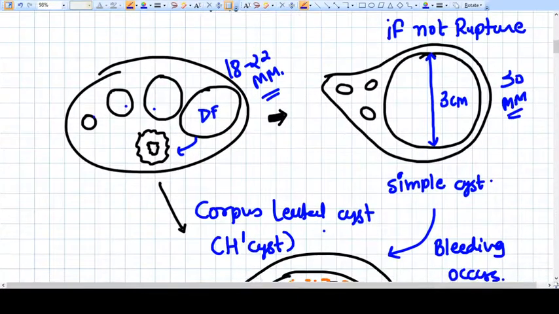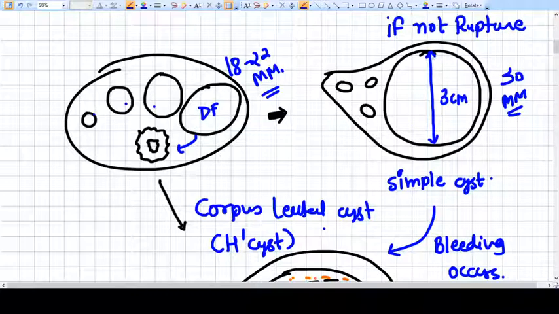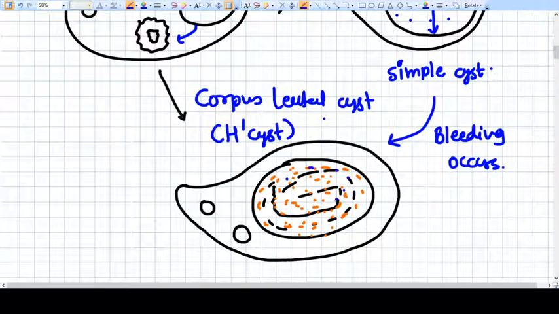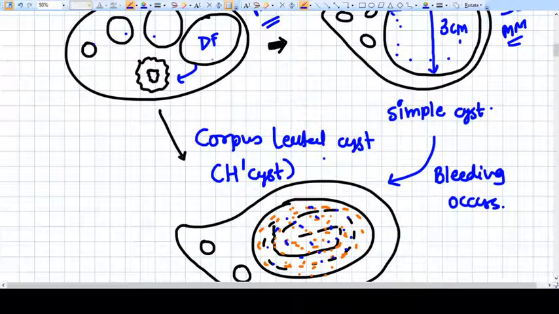If some part of this simple cyst ruptures and bleeding occurs in this cyst, it becomes a hemorrhagic cyst here. If normal dominant follicle ruptures, it becomes corpus luteum. If simple cyst ruptures, it becomes hemorrhagic cyst. As simple as that.